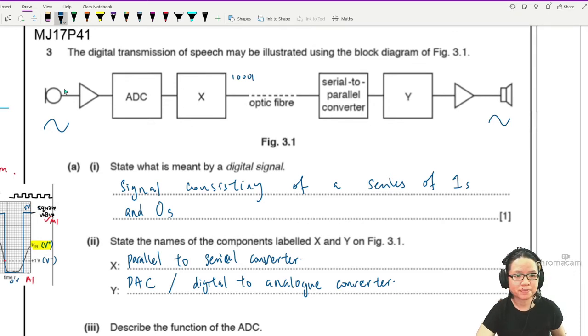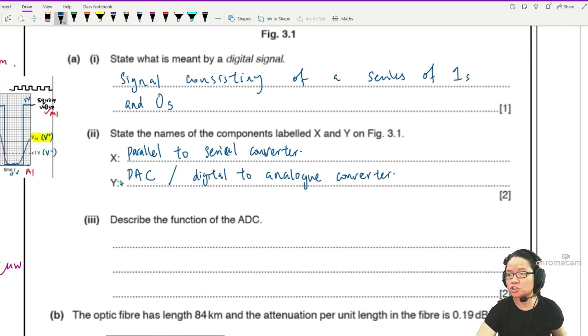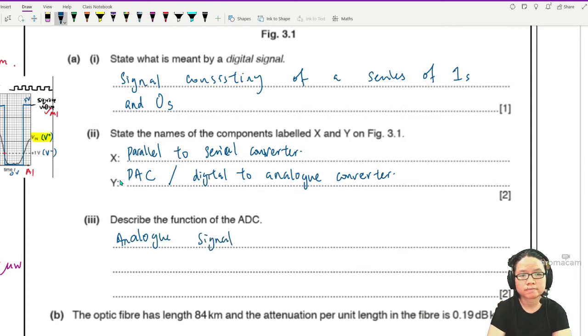All right. So part 3, describe the function of an ADC. So the ADC, if you remember the previous video series, what we will do is we will take the sampling frequency, we will sample the wave at different intervals. So you could say that the analog signal is sampled at regular intervals.